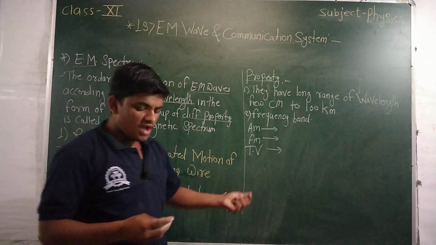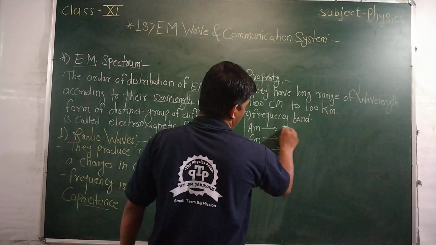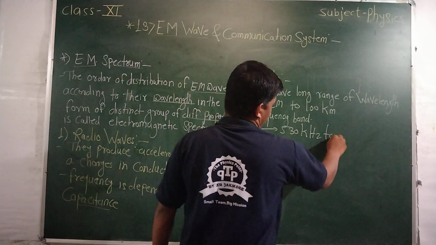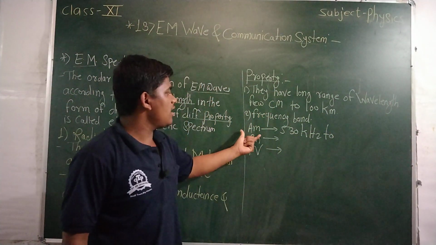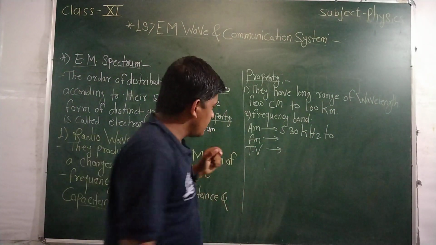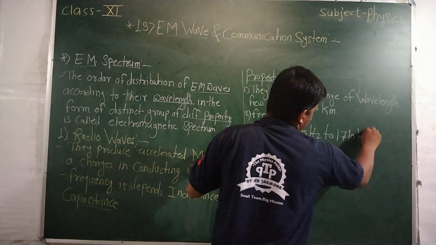AM waves start from 530 kilohertz and end at 1710 kilohertz.